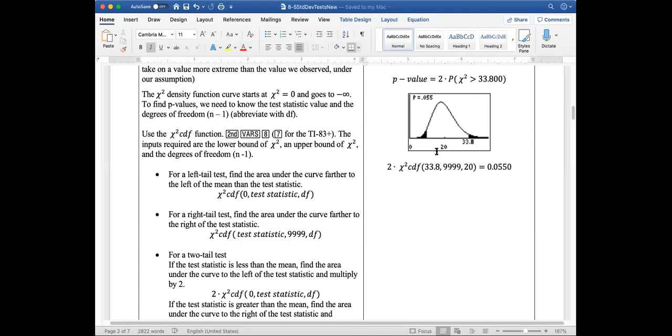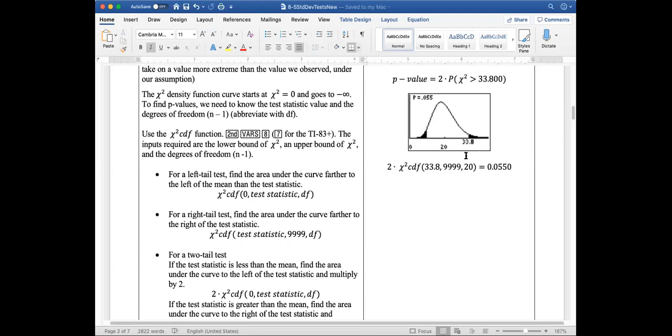If we were on the left, if we found the area to the left, we would still have to double it to get the p-value. Only when you have a two-tailed test do you have to do that. And we saw that also in tests of proportion and tests of mean.